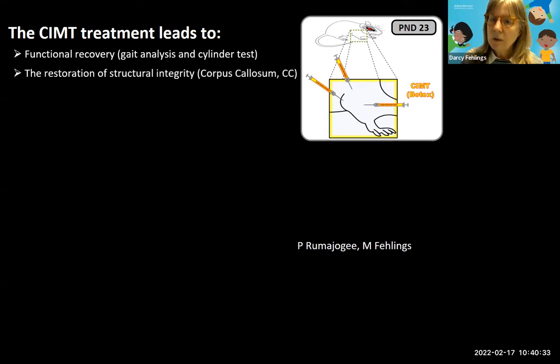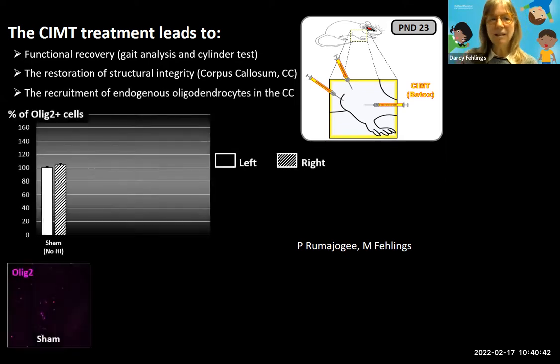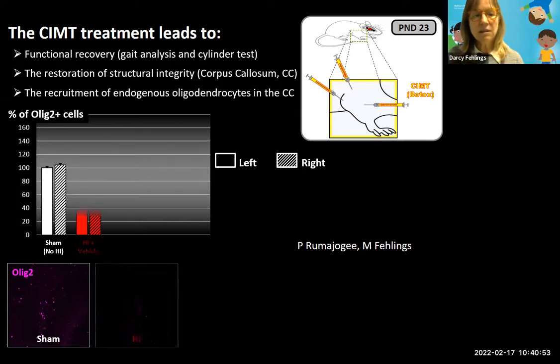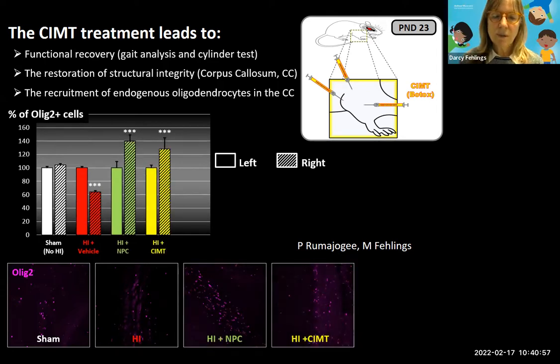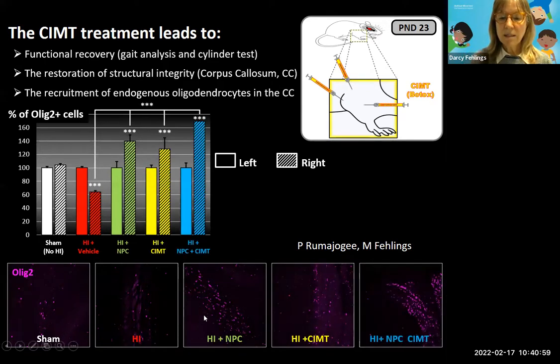They were able to do MRI and found restoration of structural integrity, particularly through the corpus callosum, so that linking between the hemispheres. And then they found that constraint led to a recruitment of endogenous oligodendrocytes in the corpus callosum. They're represented in the pictures below as the bright purple. So these are the new oligodendrocytes.